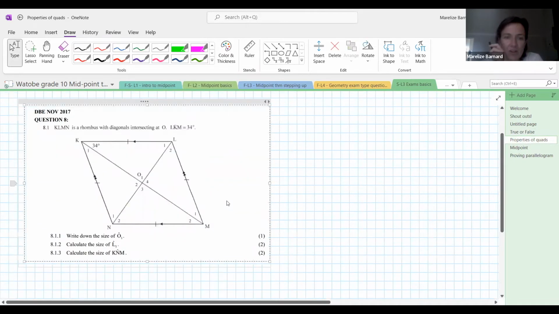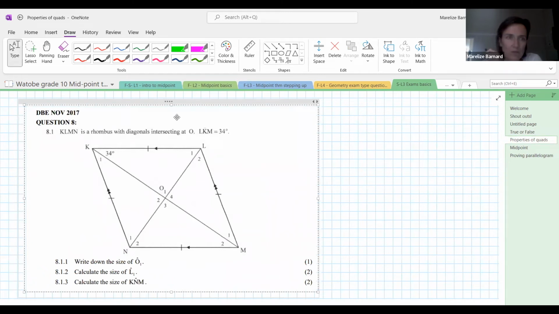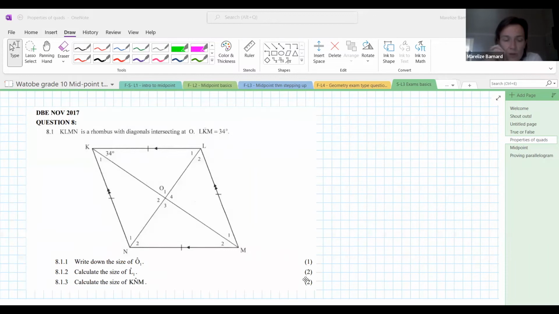So this question I got from a past paper set by the Department of Education. Let's have a look. Okay, so it is 5 marks, and what they tell us is that KLMN is a rhombus with diagonals intersecting at O. What is the first thing that you should realize?